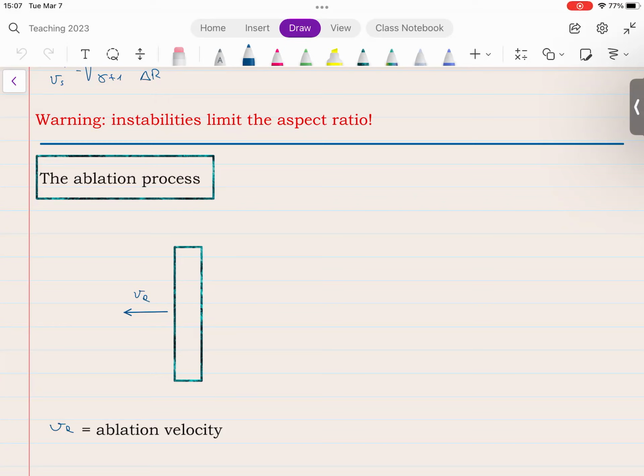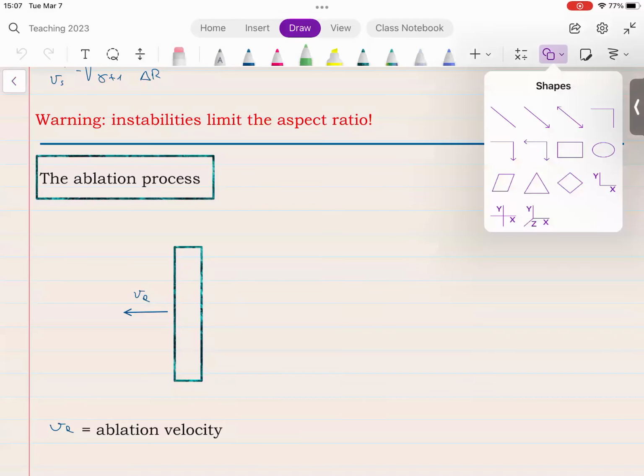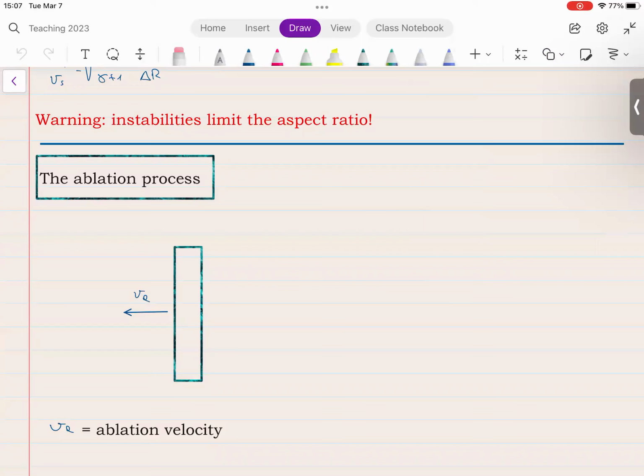And if you're thinking of this in terms of Newton's laws, that means there's going to be a force that pushes to the right, or you can think of this as an action and reaction.